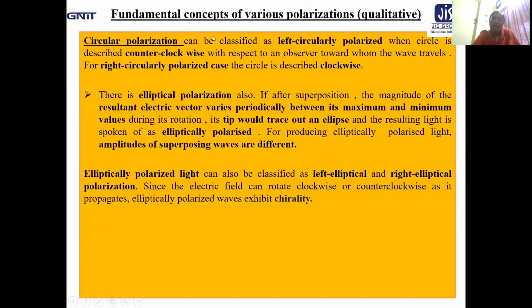Now, circular polarization can be classified as left circularly polarized when the circle is described counterclockwise with respect to an observer towards whom the wave travels.